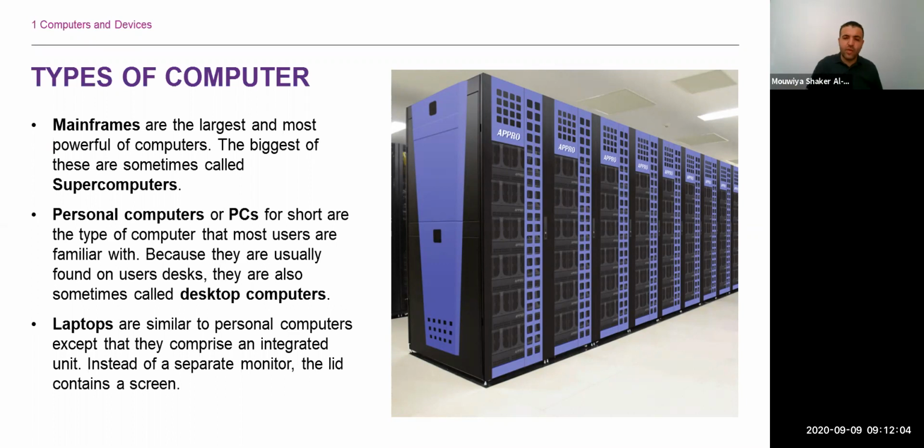The mouse, we have a mouse pad here. The laptop, you can hold it and go. The PC, you need to have the monitor separate, and there are also some other types like 3-in-1 tablets and other types of computers. We'll see the next slide.